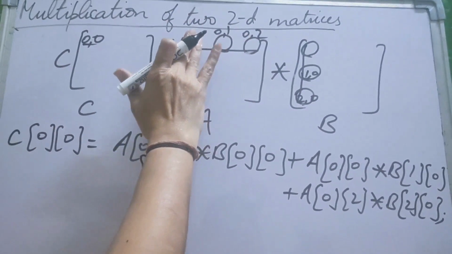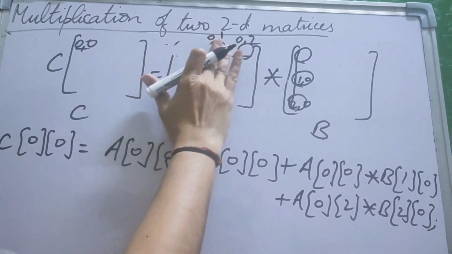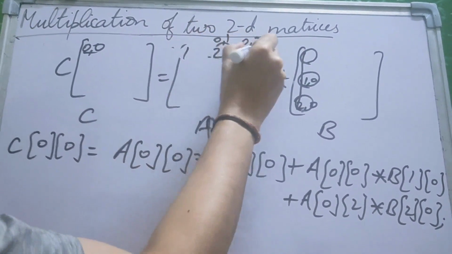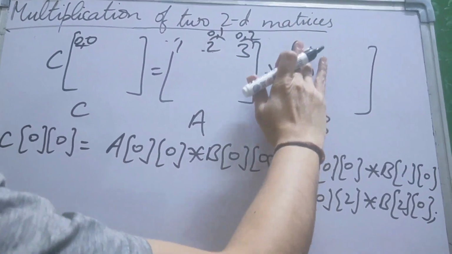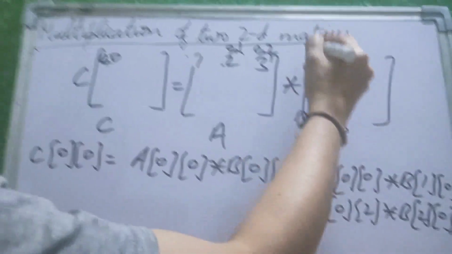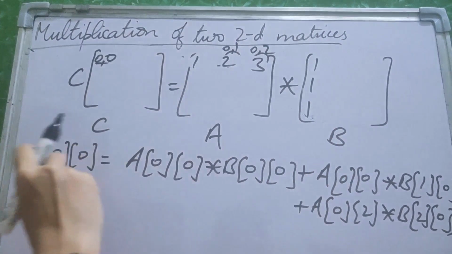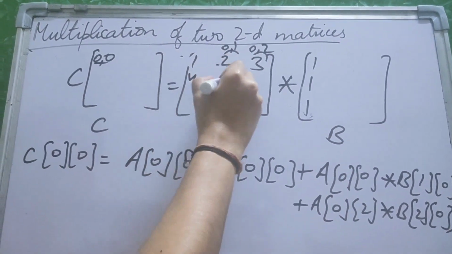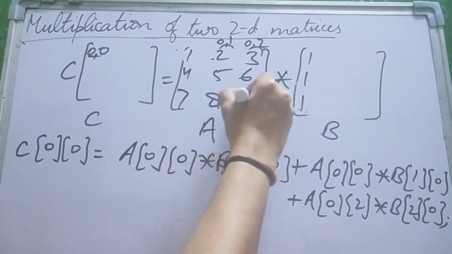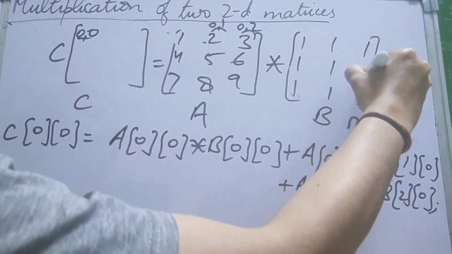As we can perform, for example, we have the same 1 2 3 and this one we have the values as 1 1 1, and 4 5 6 7 8 9, same 1 1 1 1 1 1.